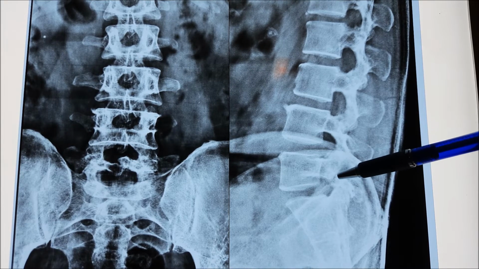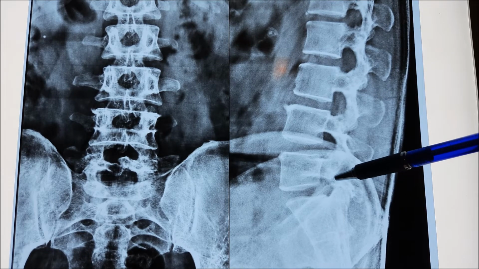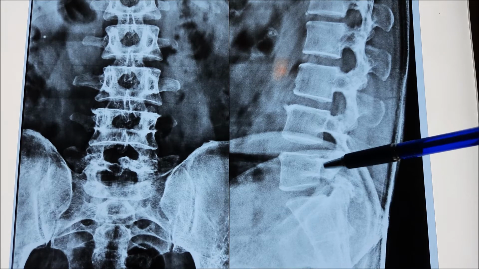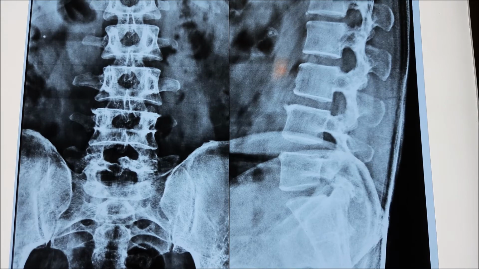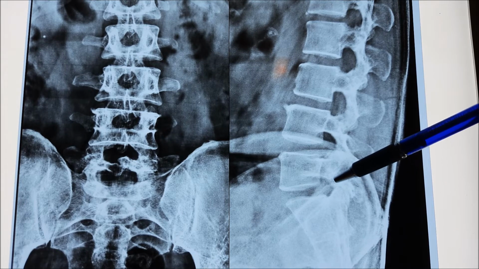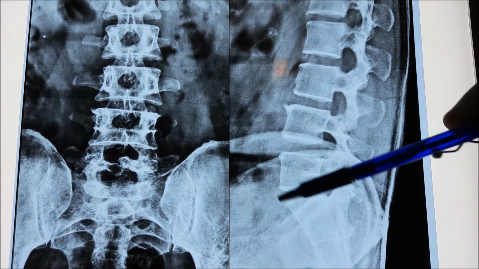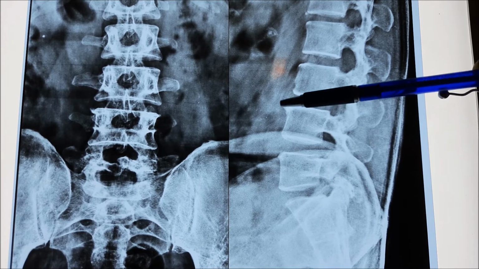But he has less than 25% displacement, just a fracture, so we can grade it as grade 1 spondylolisthesis of the L5 vertebral body. If we look at the lumbosacral angle, it is okay. He has mild degeneration and osteophytes, which is fine for this age.